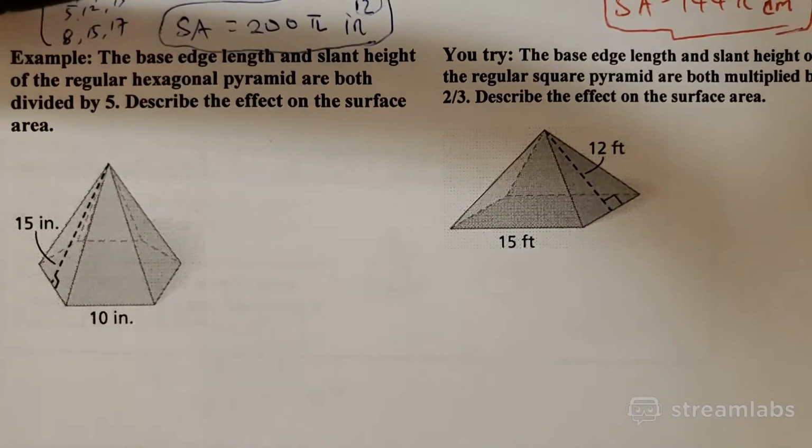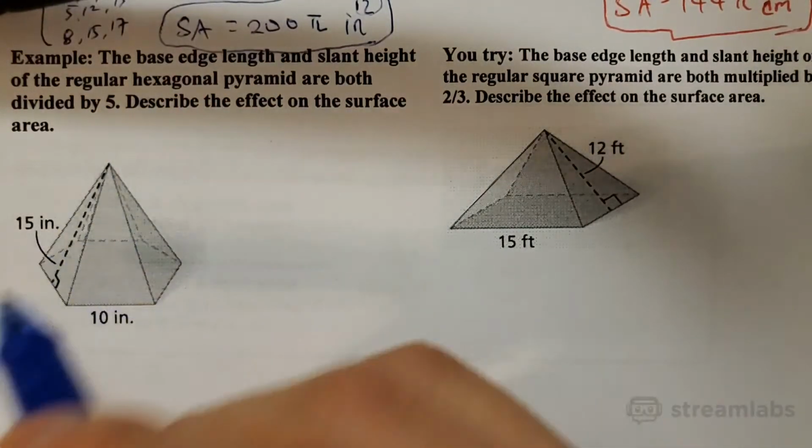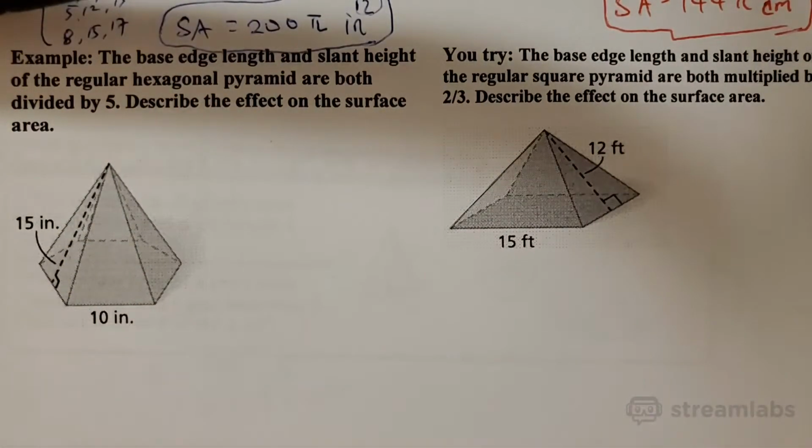Alright, so today we're going to talk a little bit about shrinking and expanding the whole solid and what that has to affect the surface area. Okay, so they say, what if, so this is a regular hexagonal pyramid.